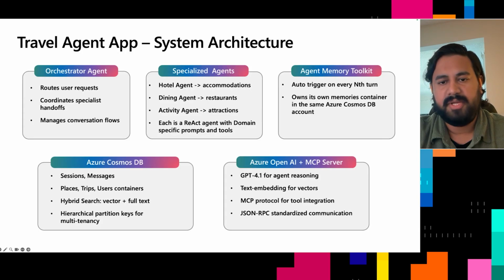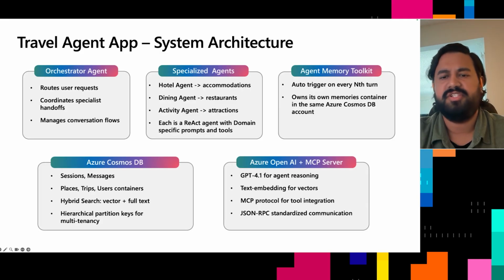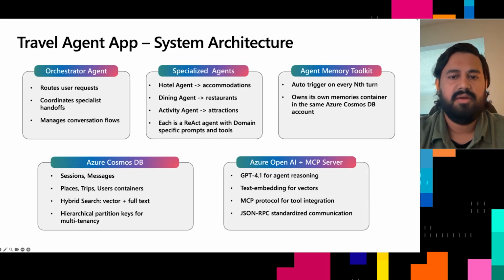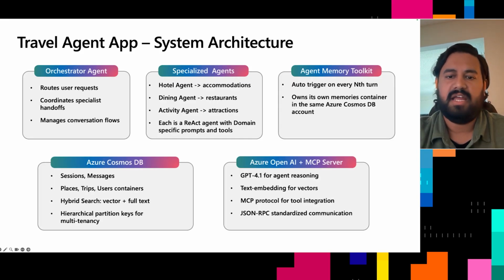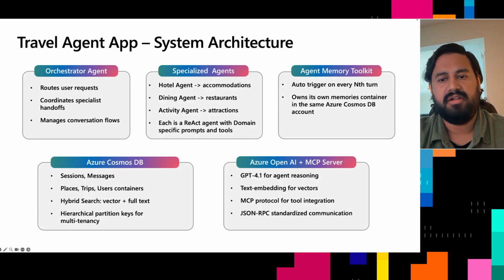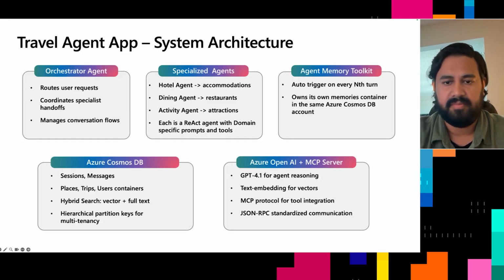Underneath the MCP layer, we have our Azure Cosmos DB. It stores everything the application needs: sessions, messages, places, trips, API events, among others. Places are searched using hybrid search, and every container uses a hierarchical partition key, so the system is multi-tenant from day one.